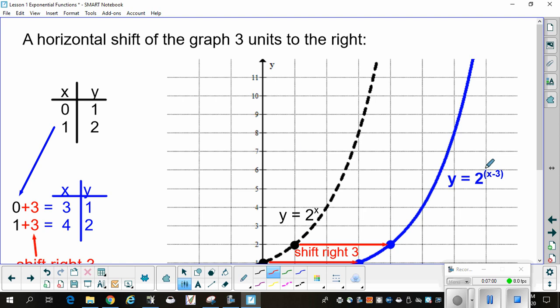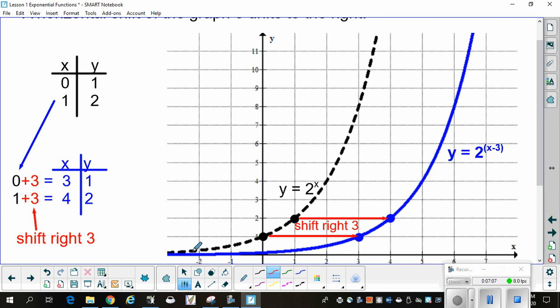Here, x minus 3. This means I'm going to go right 3. So again, I take my parent function, I put in 0 and 1, and I get out 1 and 2. I'm going to move everything to the right 3. So 0 plus 3 is equal to 3, and I'm going to just get 1. And then 1 plus 3 is equal to 4.